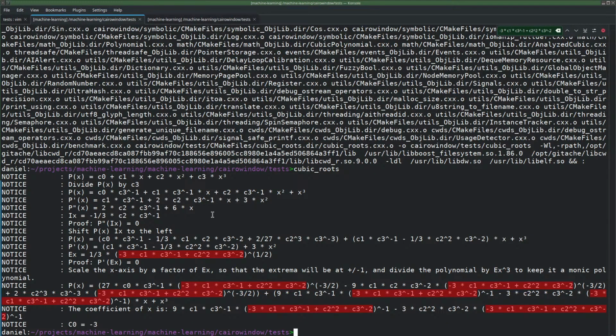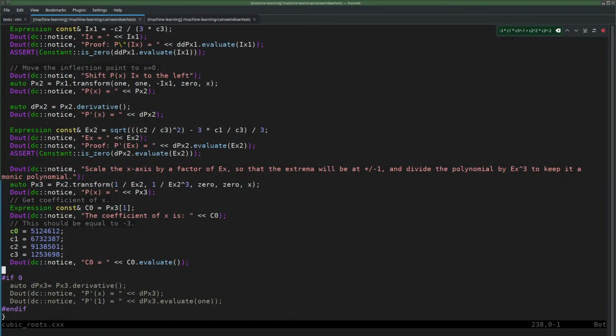So you can say that's coincidence, but I don't think so. I could check that it is -3 with an assert, and then have a loop over this, assigning random numbers 100,000 times. Every time it's -3.